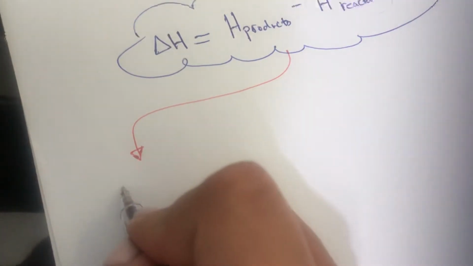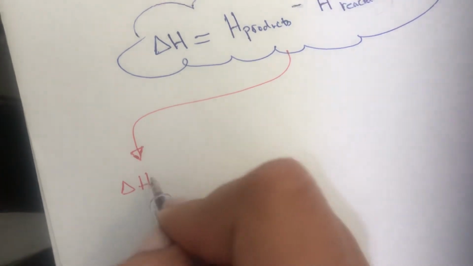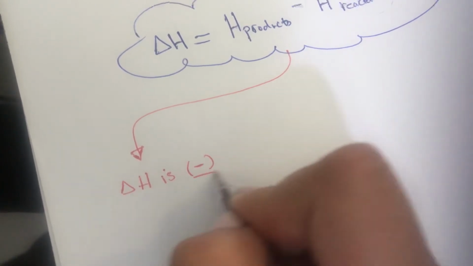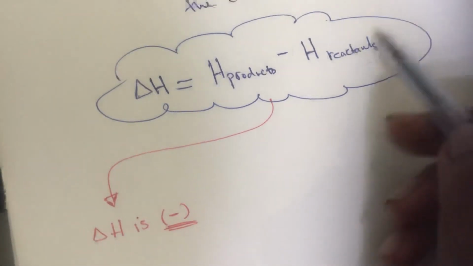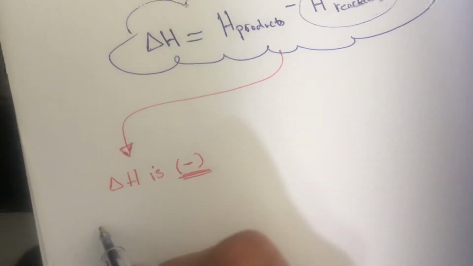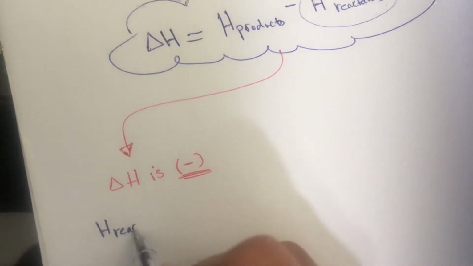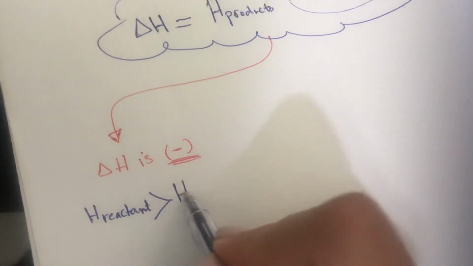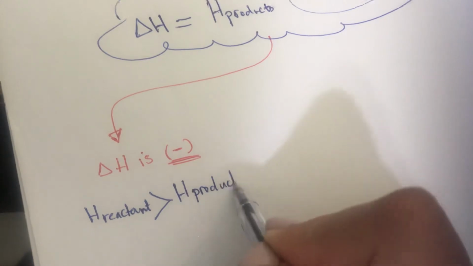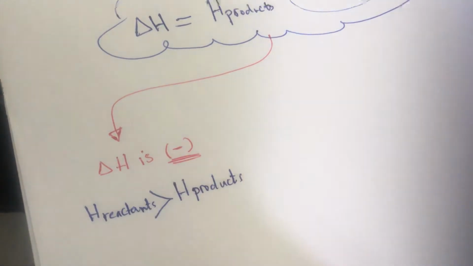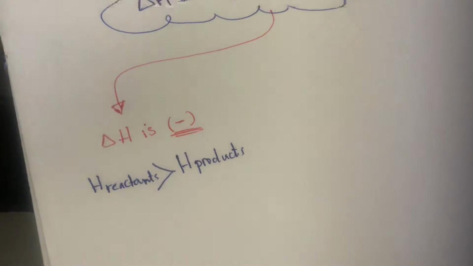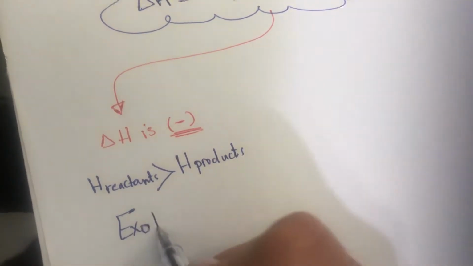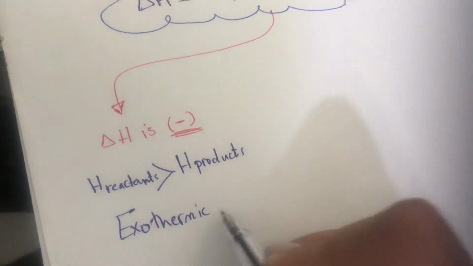So here delta H is negative, in which case the energy of reactant is greater than the energy of product. In this case, reactions are called exothermic reactions.